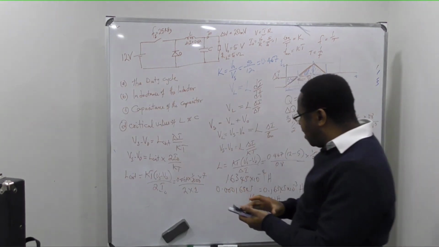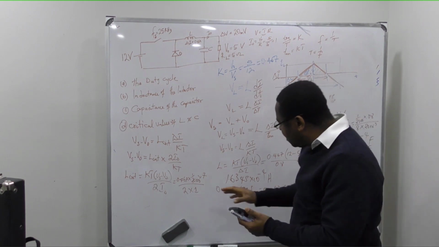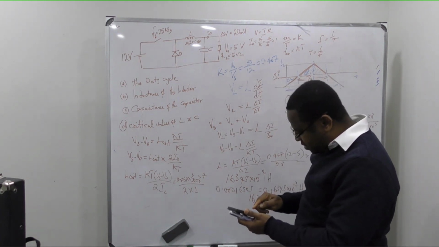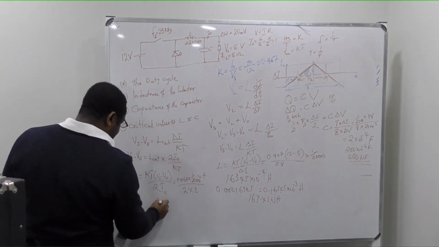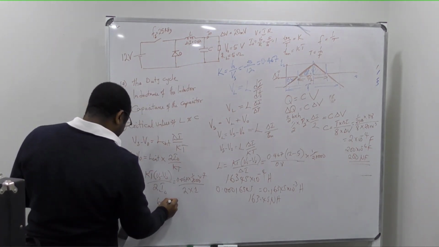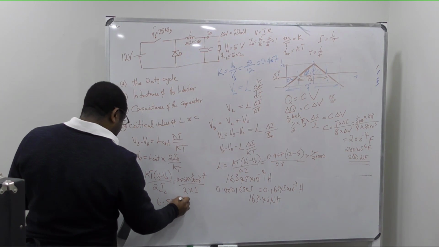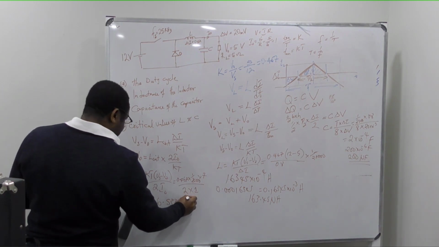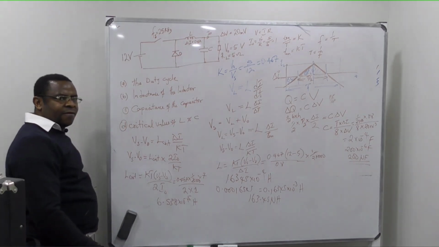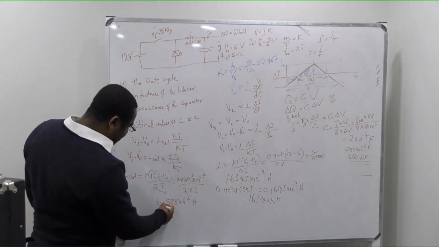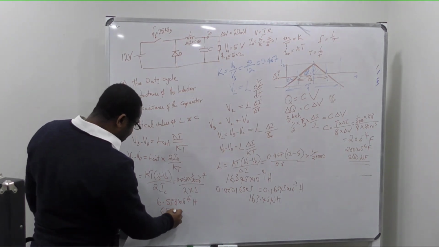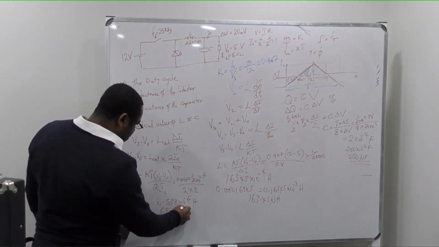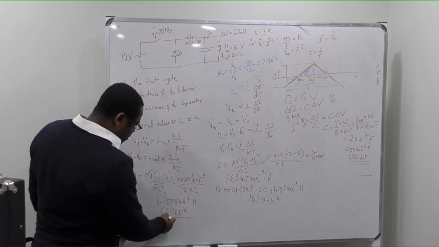So let's get the answer there. We have that to be 6.538 times 10 to the power minus 5 Henry, which is like 65.38 microHenry.